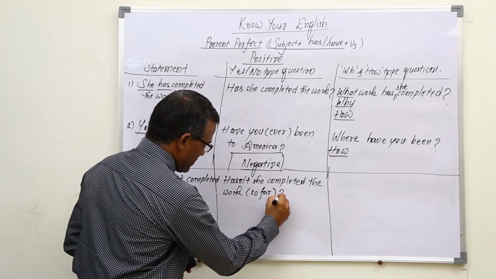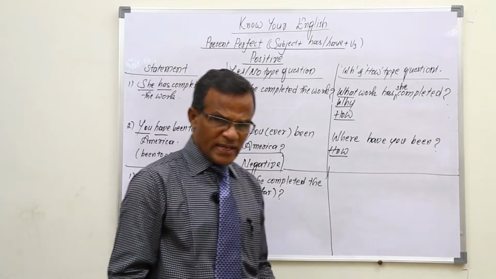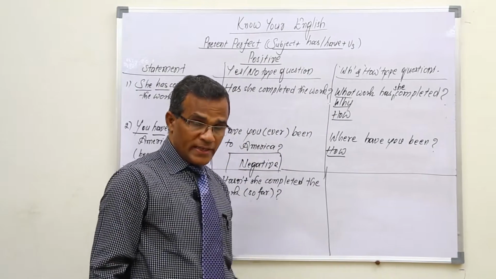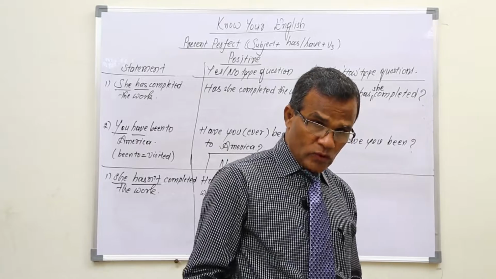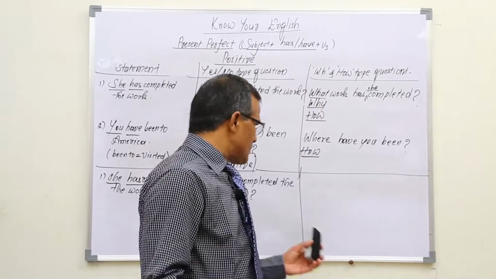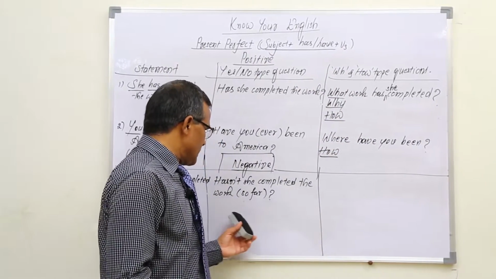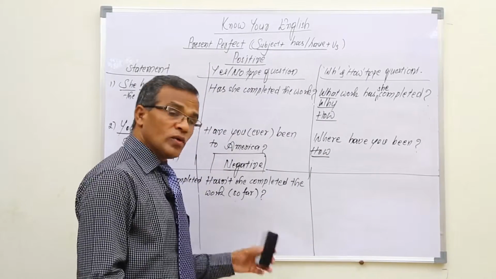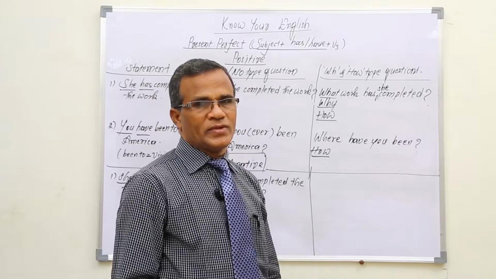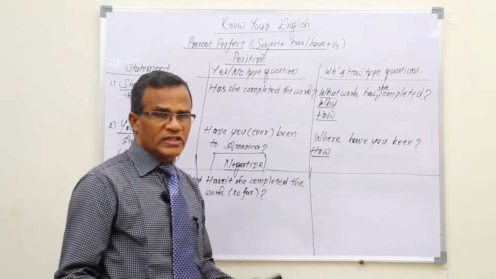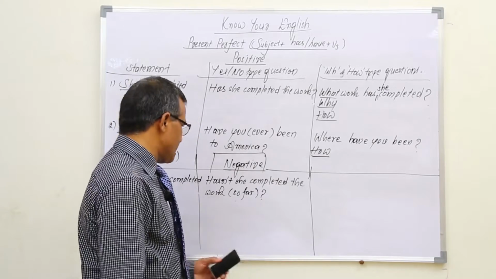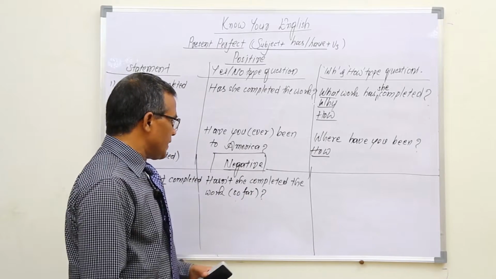Hasn't she completed the work so far? Means till today, till now. To put such question, we can use hasn't she completed the work? Even sometimes you can use hasn't she completed the work yet? Yet, so far, till now, till today, we can use all these words also for such questions.